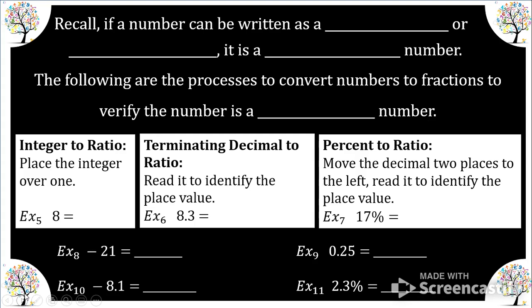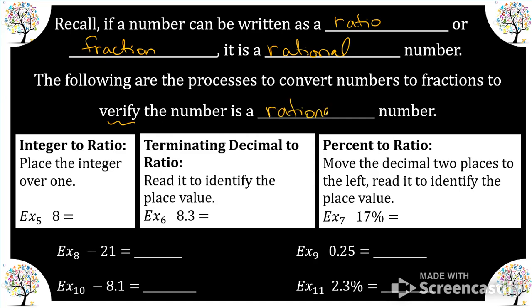Okay. Recall if a number can be written as a ratio or fraction, whichever term you like, it is a rational number. The following are the processes to convert numbers to fractions to verify or prove that the number is indeed rational.